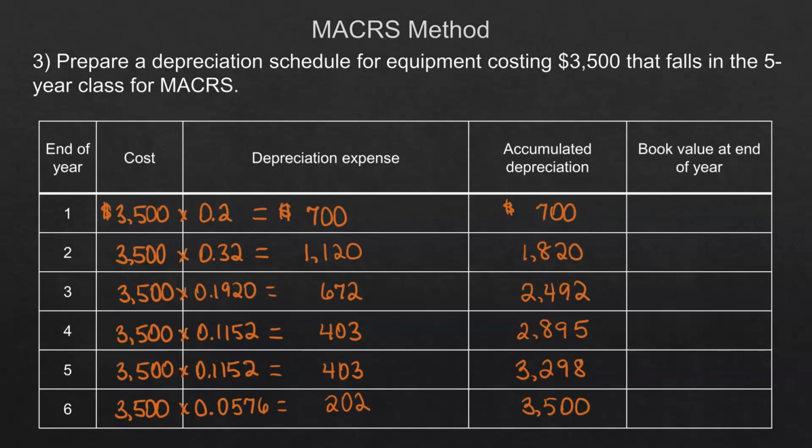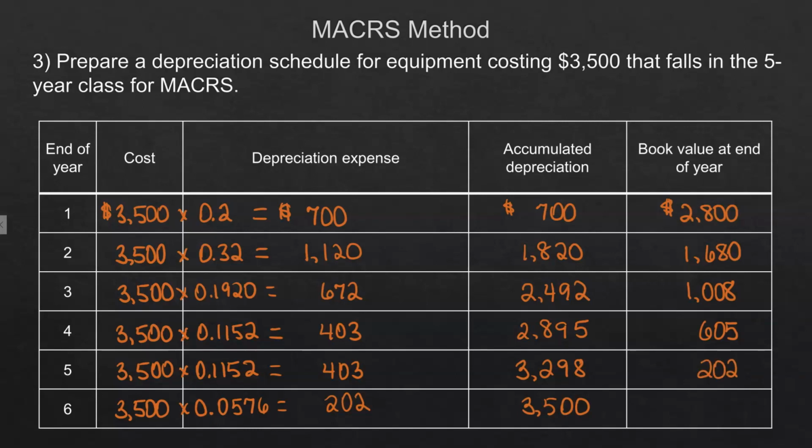Then our book values. It's just going to be 3,500 minus the 700. And then 2,800 minus 1,120. So we are at 1,680. And then 1,680 minus 672. 1,008 minus 403. 605 minus 403.